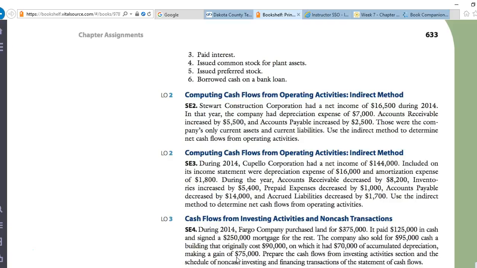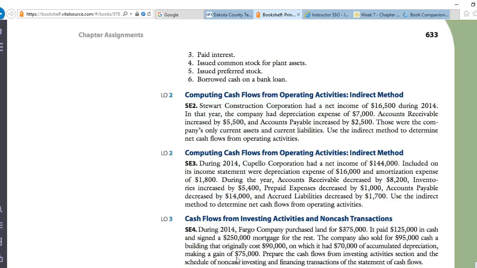During the year, accounts receivable decreased by $8,200. Inventories increased by $5,400. Prepaid expenses decreased by $1,000. Accounts payable decreased by $14,000. And accrued liabilities decreased by $1,700. Use the indirect method to determine net cash flows from operating activities.